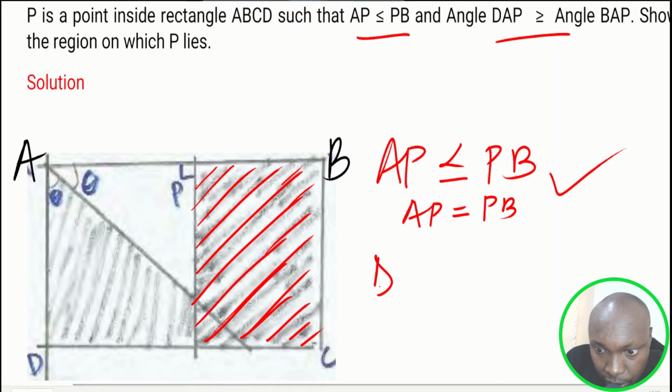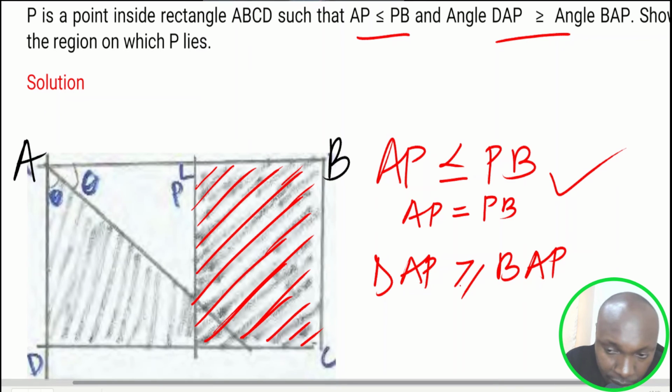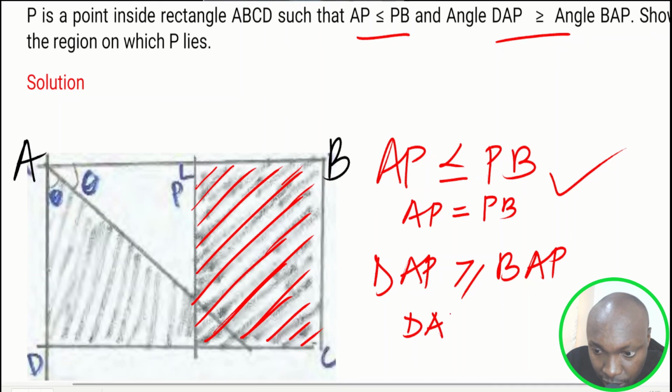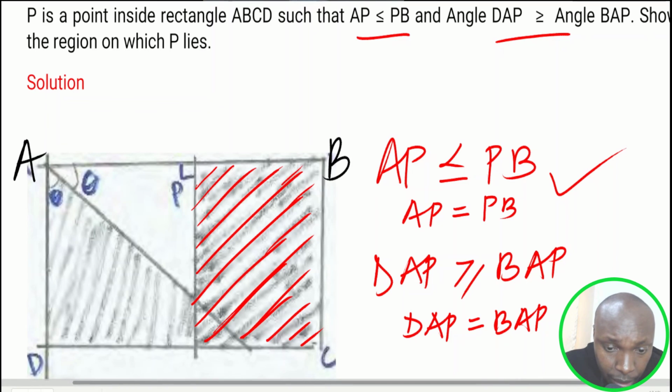Then there's another one here. DAP is greater than or equal to BAP. So there is a greater than and there is equal. If you just take DAP is equal to BAP first, look at where D is, A is, then P. We have already seen that P lies somewhere there at the center.